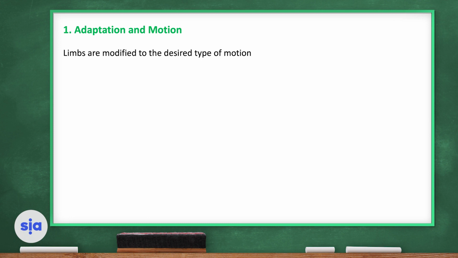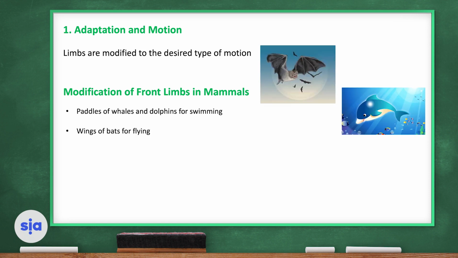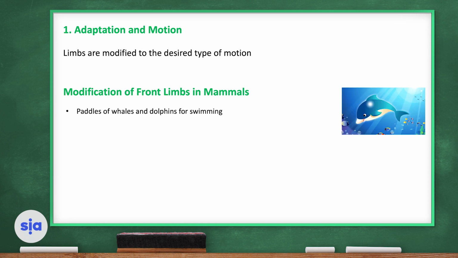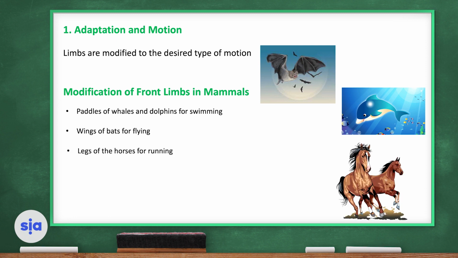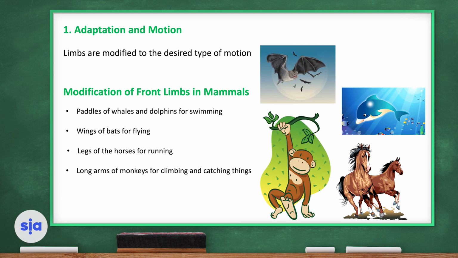Sometimes limbs are modified to the desired type of motion. So we have modification of front limbs in mammals. So the paddles of whales and dolphins for swimming, wings of bats for flying, legs of the horses for running, long arms of monkeys for climbing and catching things.